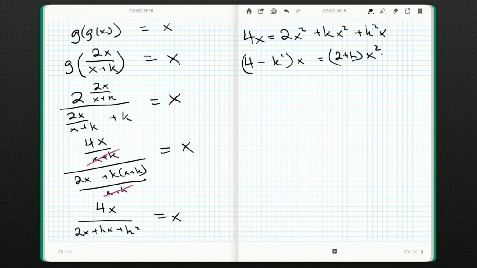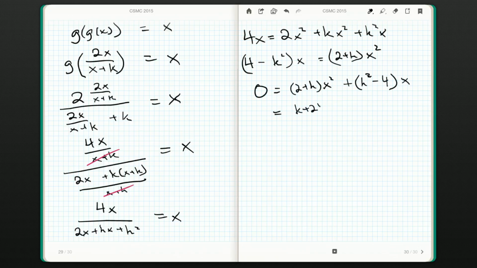What are we to do? Let's bring it all over onto one side. So we've got 2 plus k times x squared plus, we'll just rearrange it inside here, k squared minus 4 times x. Oh, k squared minus 4, that's a difference of squares.